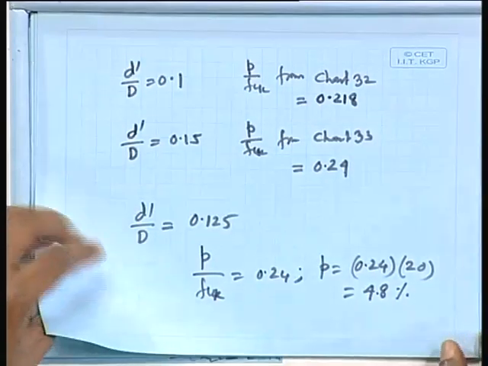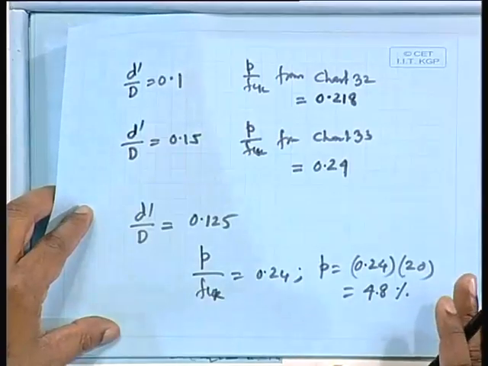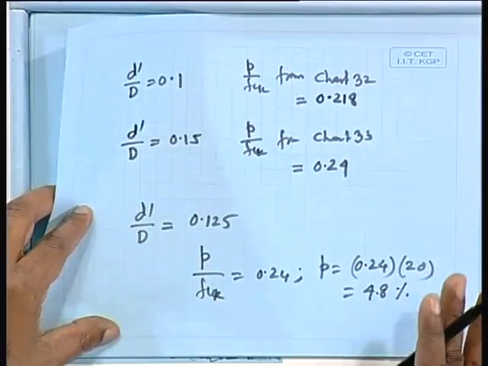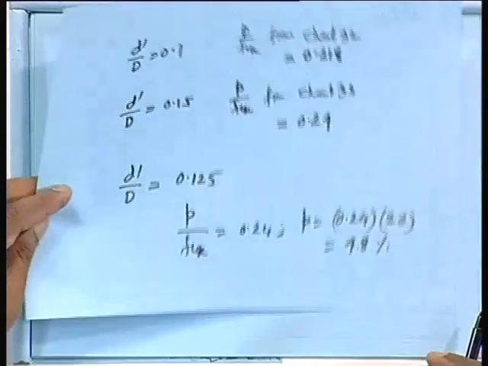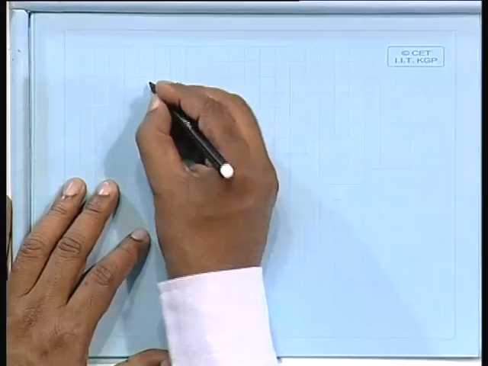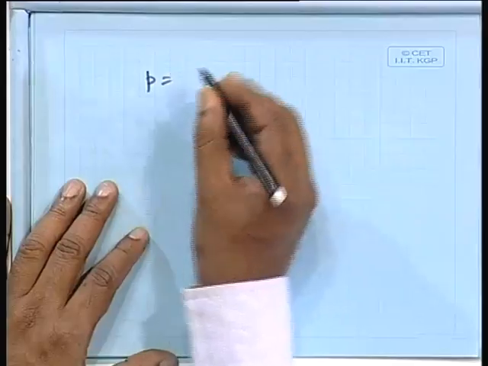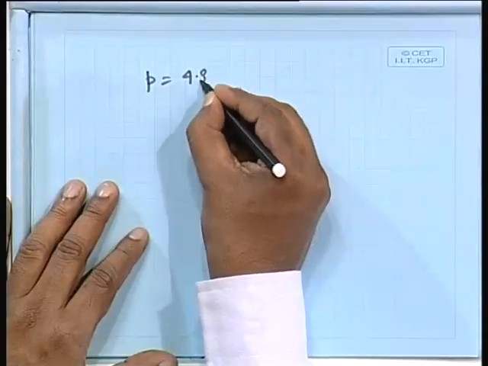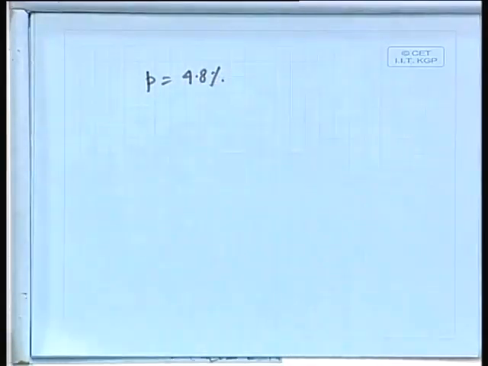I generally do not prefer this much steel. Anyway, let us find out what difficulty can happen. So P equal to 4.8%. Let us find out what difficulty we will face.